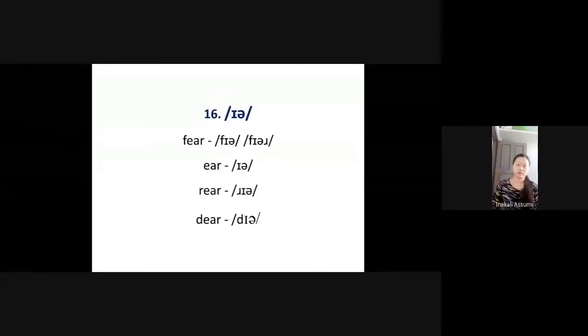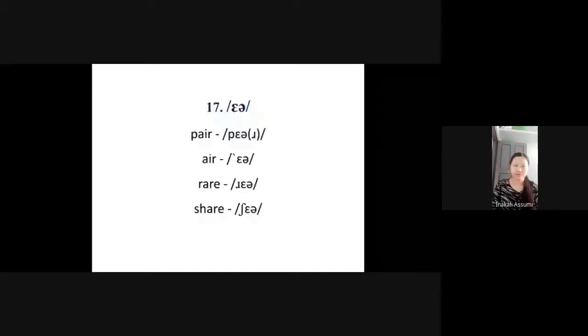Now E and A: ear, fear, rear, and tear. And the next is A: air. When we produce these diphthongs, the first vowel is more prominent than the second vowel. So it's tear, ear, air, rear, share.